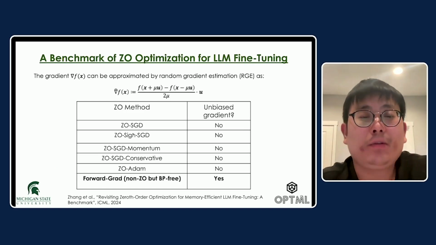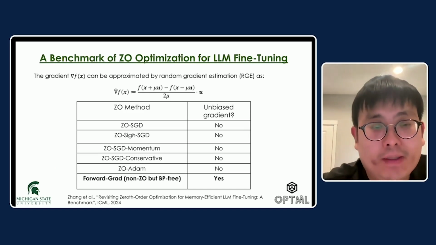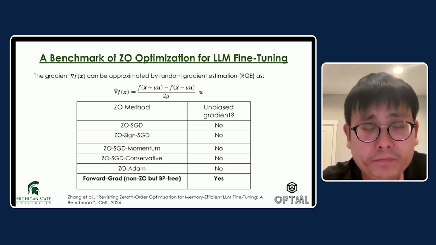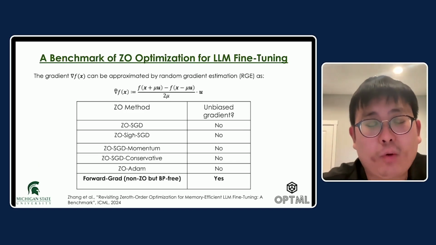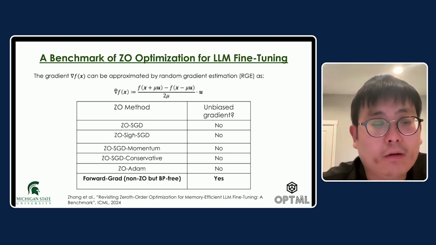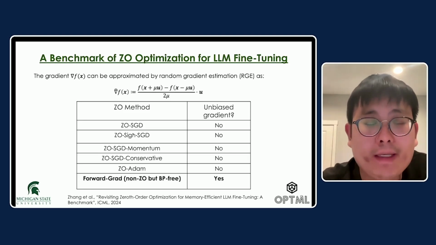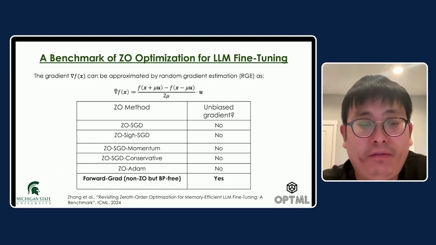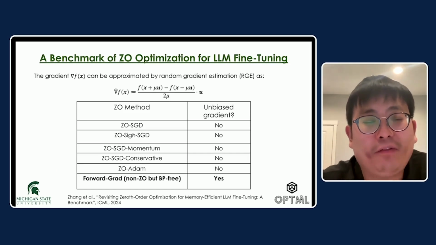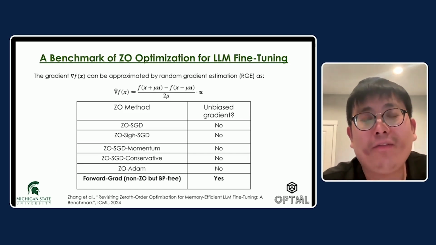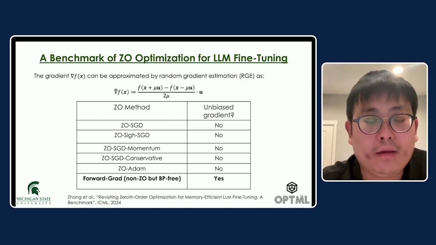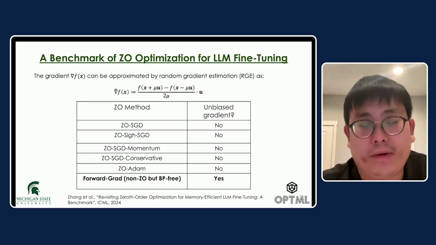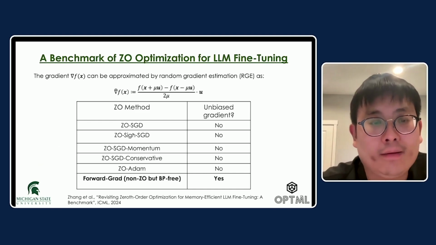And in addition to those Zeroth-Order methods, I also want to mention another method that people have also used for deep learning applications which does not require BP. This method is called forward gradient. So forward gradient is not a Zeroth-Order method, but it's BP-free. The key point of the forward gradient is that instead of using the finite difference for the gradient estimator, you are using the precise directional derivative directly to estimate the first-order gradient.